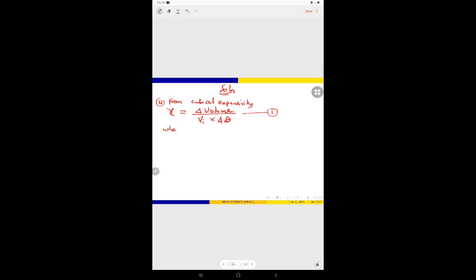And we said that Vi is the initial volume of the solid or the substance.